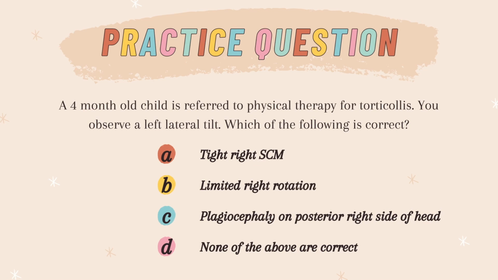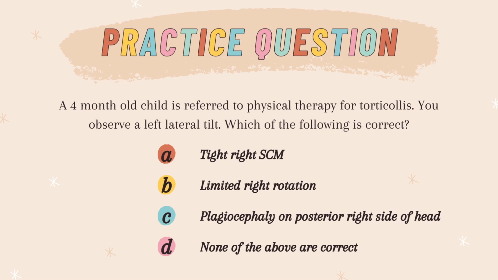This child has a left lateral tilt, meaning they have left torticollis. So left torticollis presents with left lateral tilt, right rotation. A is incorrect because they actually have a tight left SCM. Limited right rotation is incorrect because they are going to be in a right rotation.